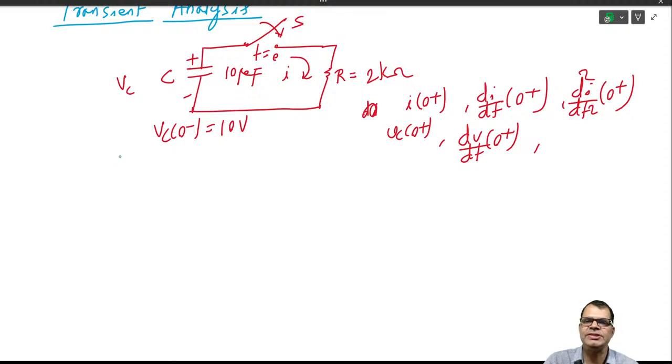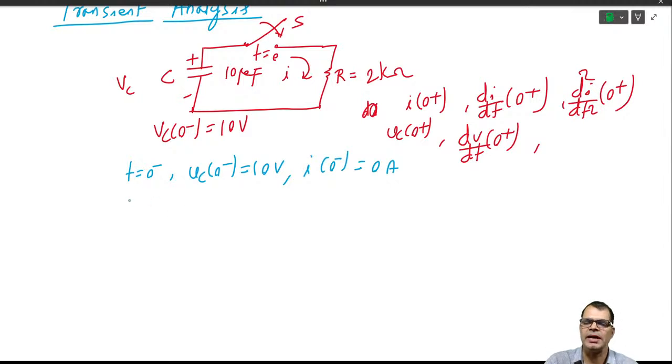So for t equal to 0 minus, Vc(0-) is equal to 10 volt and I(0-) is 0 ampere. It is clearly seen because at that time the switch is not closed.